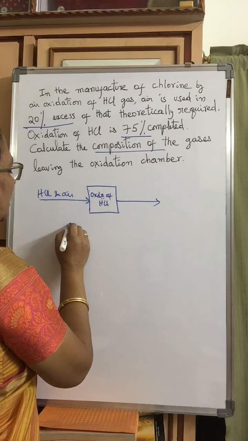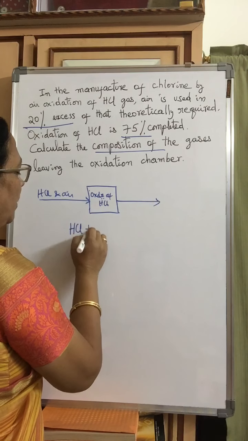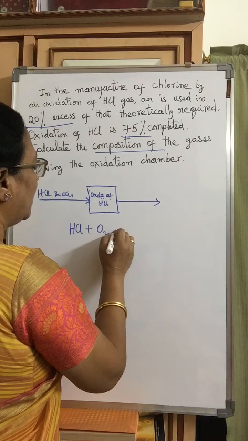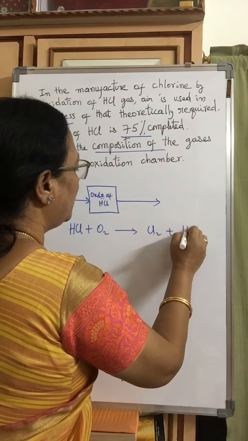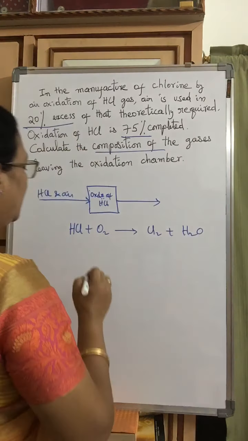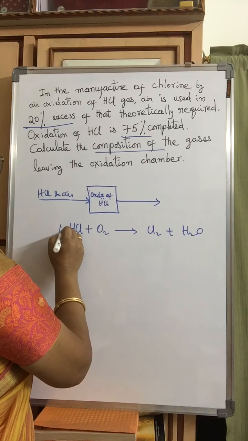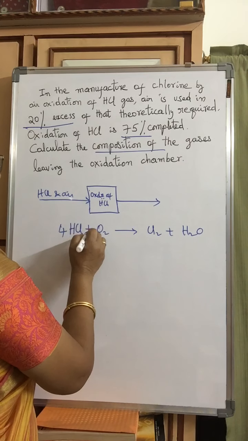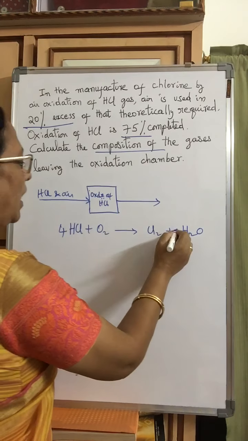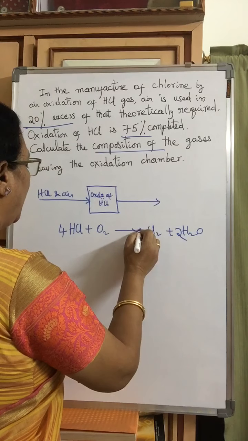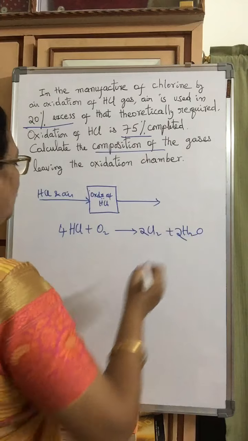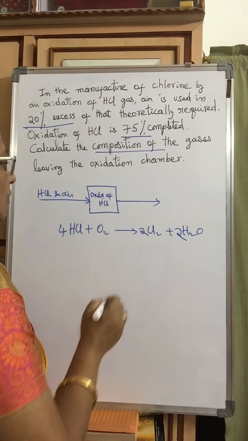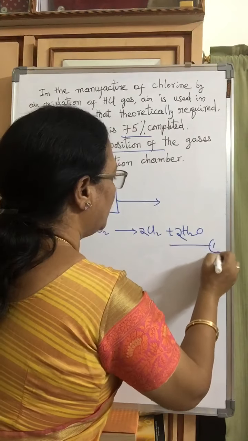What is the reaction here? HCl plus oxygen gives rise to Cl2 plus water. This is the reaction. If you balance, 4 HCl, 4 H and 2 water and also 2 chlorine. Here 2 oxygen, 2 oxygen. So this, let it be equation 1.